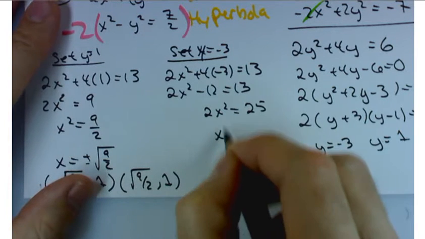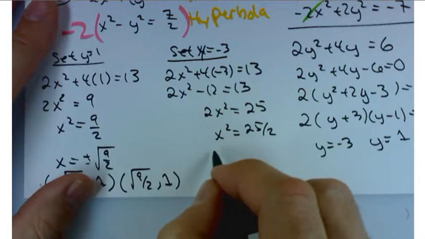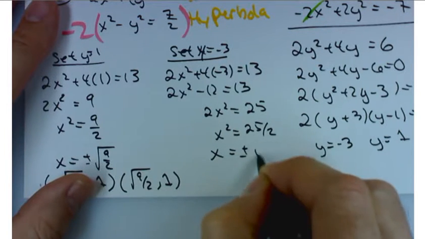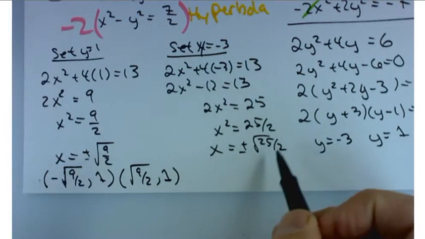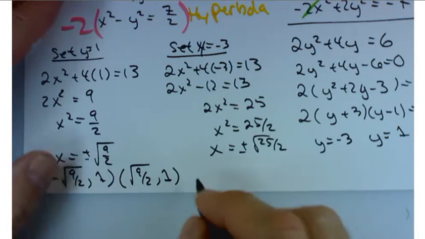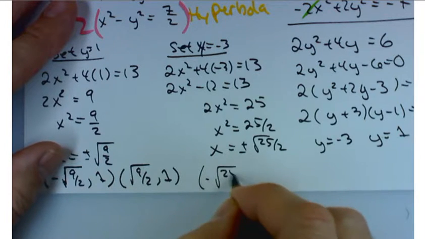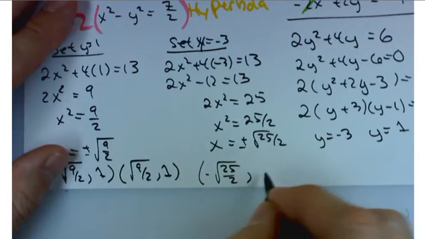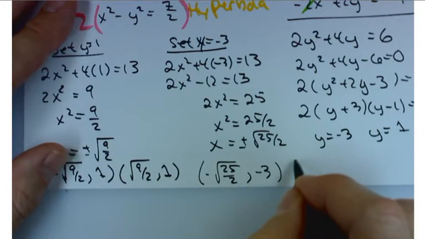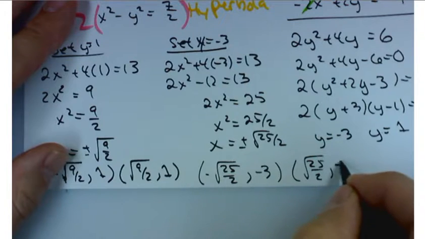But it is what it is. 25 over 2. I get x is plus or minus the square root of 25 over 2. Now, if you want to take that 25 out of the root, that's fine. It's 5 over the square root of 2. Fine. Two possibilities here. Negative root 25 over 2 and negative 3, and positive root 25 over 2 and negative 3.